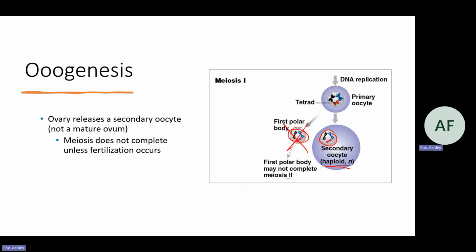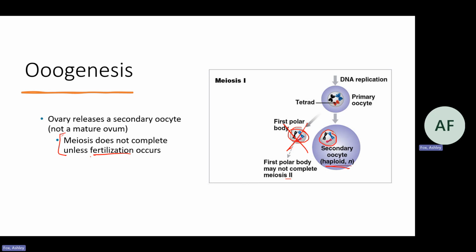So the secondary oocyte is not a mature ovum, so it's not necessarily being ovulated yet. And a major difference as well is that meiosis 2 is not completed unless fertilization occurs. So if the oocyte is ovulated, it may never finish meiosis.